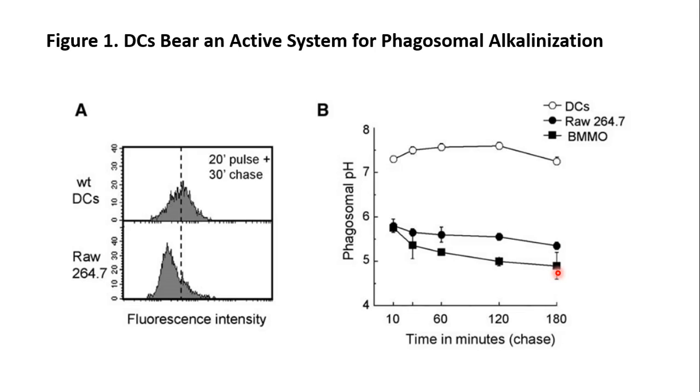A similar alkaline phagosome pH was also found in fresh isolates. Therefore, the pH in DCs is alkaline and does not acidify significantly in the first 3 hours of phagocytosis.